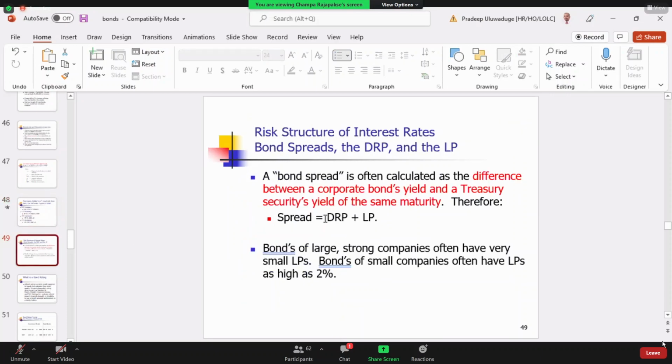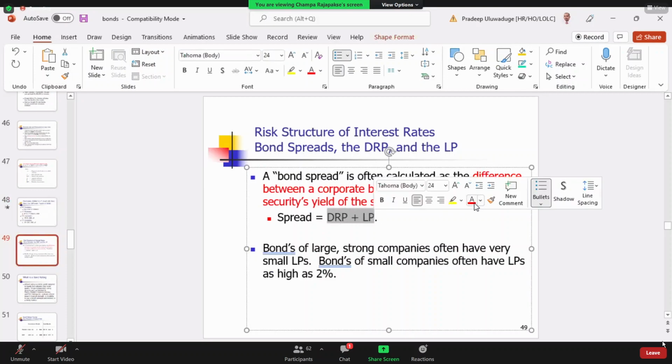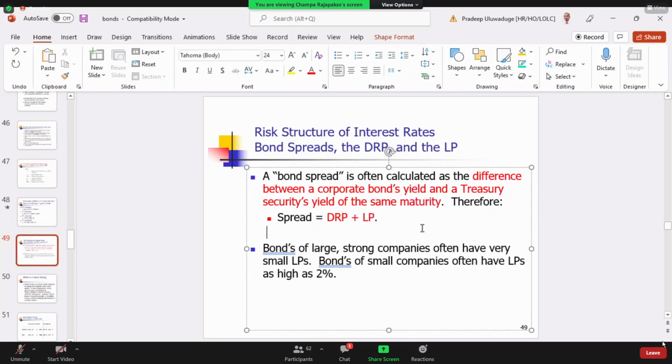So the spread can be explained by the default risk premium and the liquidity premium.